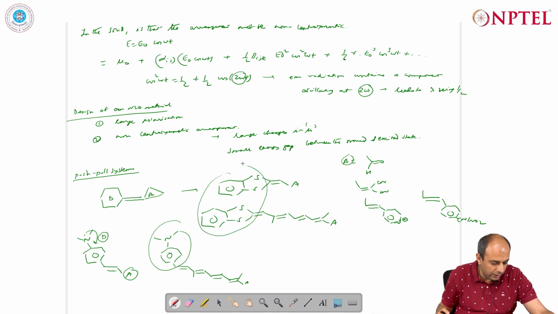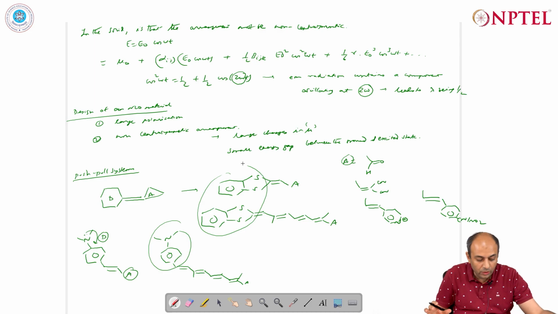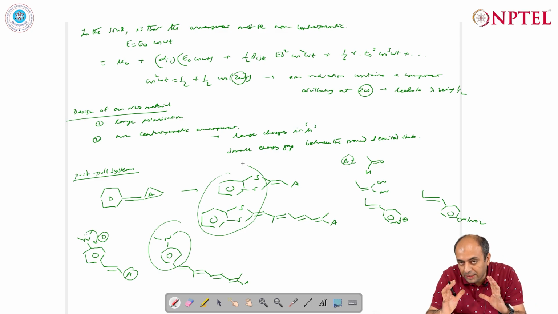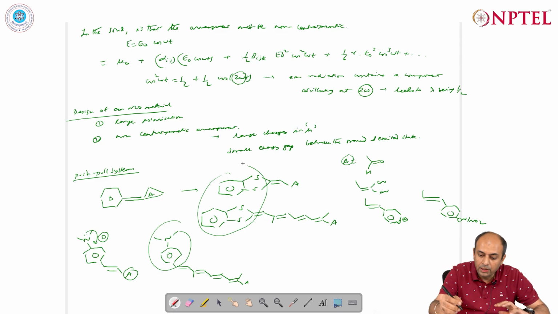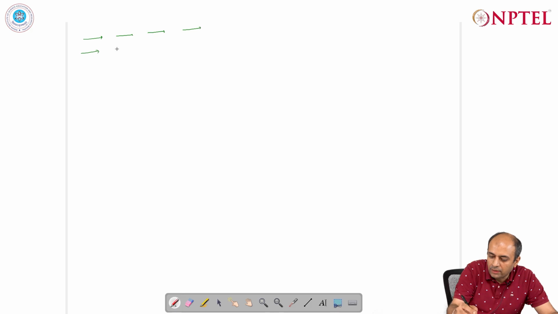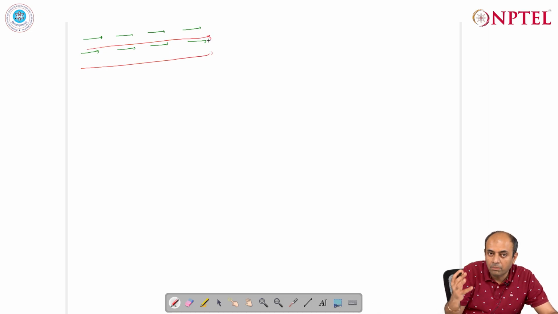These function as efficient push-pull systems, and to start with, the molecule is expected to have a high polarizability. But now if this molecule which has a high polarizability arranges in the solid state in a way that the dipoles align in a non-centrosymmetric way, or they orient in a parallel fashion, then this will give a large bulk polarization, a large bulk dipole moment.